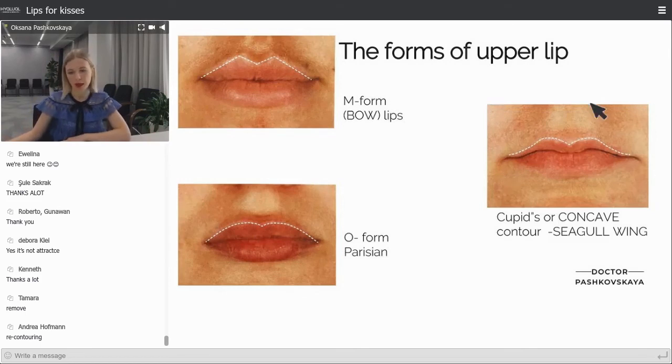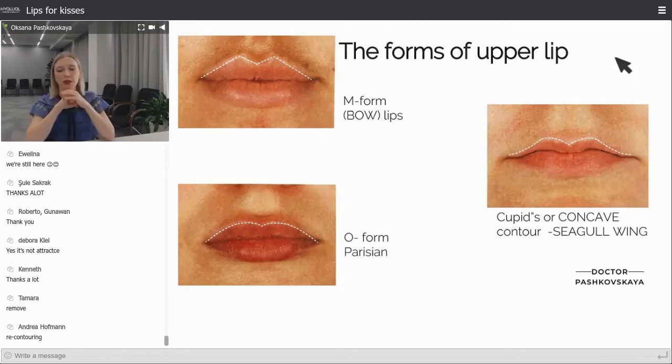And the third form, I think, is the most difficult. I call it the seagull wing form of lips, because in the lateral parts of the upper lip it is clumped, and our aim is to reopen the upper lip.